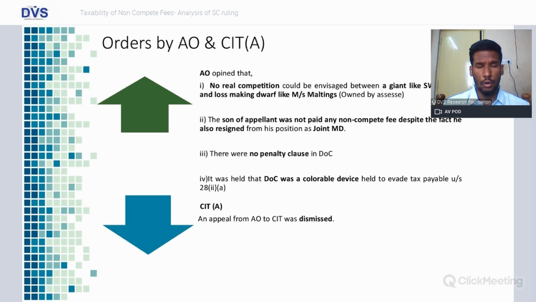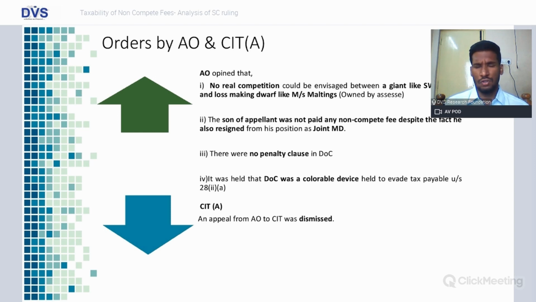SWC Group is the company to whom the shares are sold, and it is a giant in terms of its size, revenue, profit, every aspect. Maltings Limited is a very small, loss-making company, and could never be a competition to SWC Group.